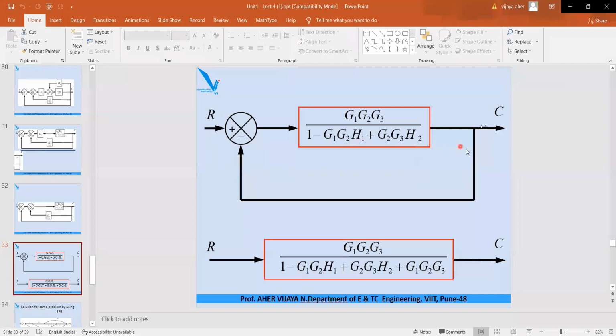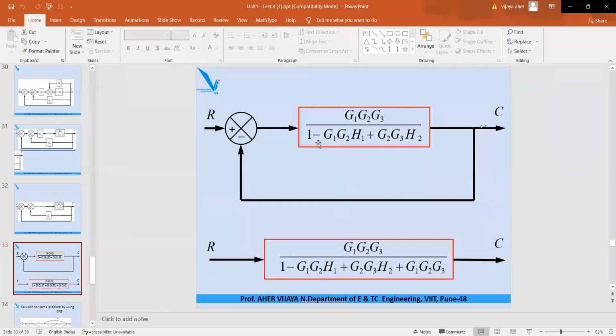Simplified equation. आता बघा, this is again closed loop. There is no any feedback element. Okay, so we are going to consider in feedback path transfer function 1, right? So again by using rule number 9 you can write this equation.